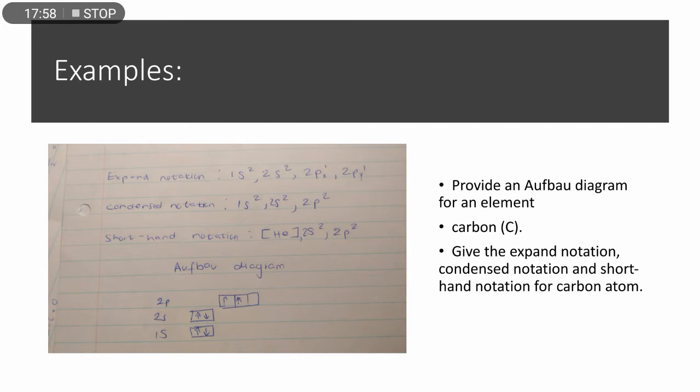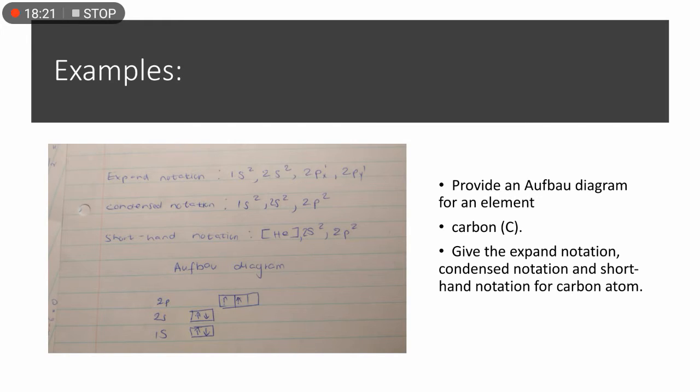Carbon has 6 electrons, which means when we put it in expanded notation, on the first energy level, the s orbital is occupied by 2 electrons. On the second energy level, 2s is occupied by 2 electrons.